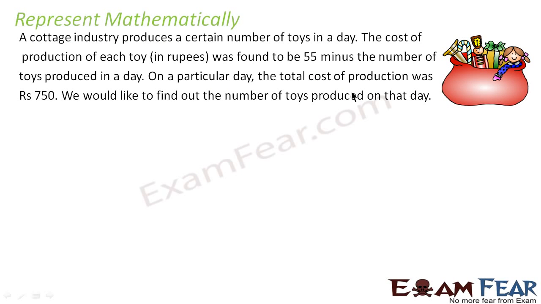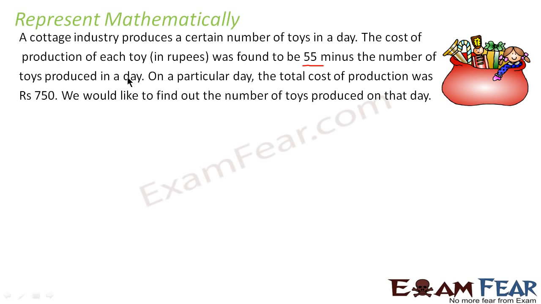The question says a cottage industry produces a certain number of toys in a day. The cost of production of each toy in rupees was found to be 55 minus the total number of toys produced on that day. On a particular day, the total cost of production was 750. We would like to find how many toys were produced on that day.